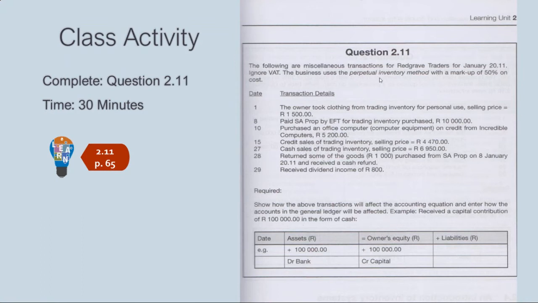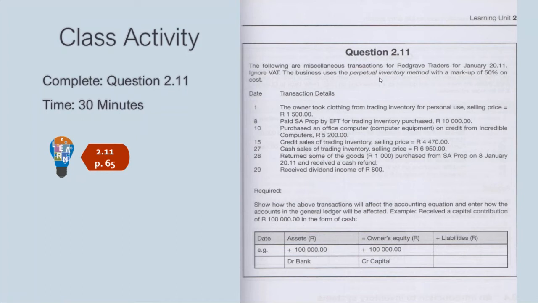Perpetual inventory system, when you hear that word, do you think of an asset or do you think of an expense? That's correct. It goes to the asset account.